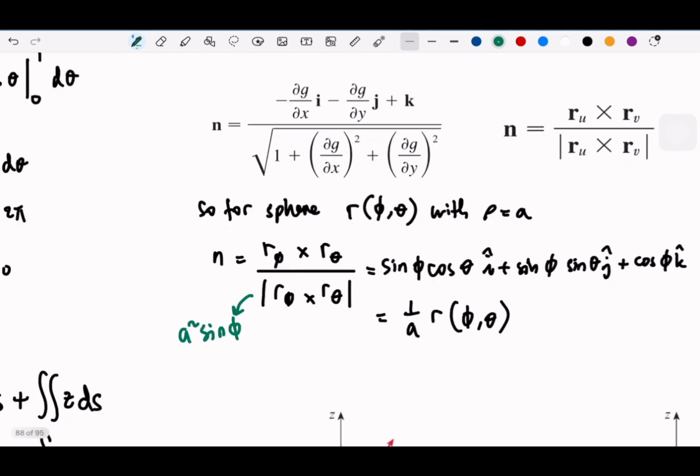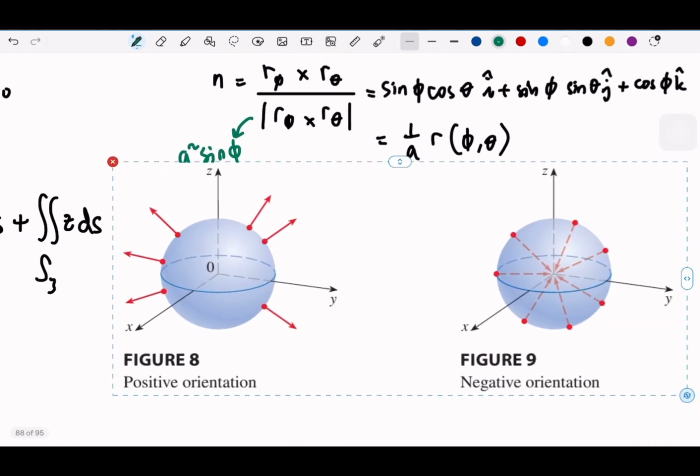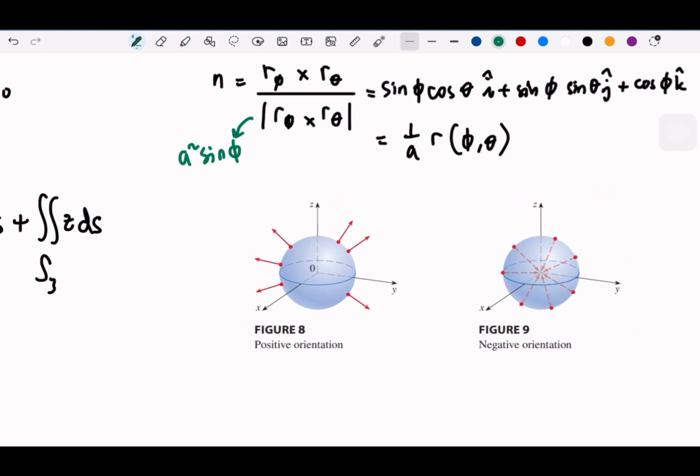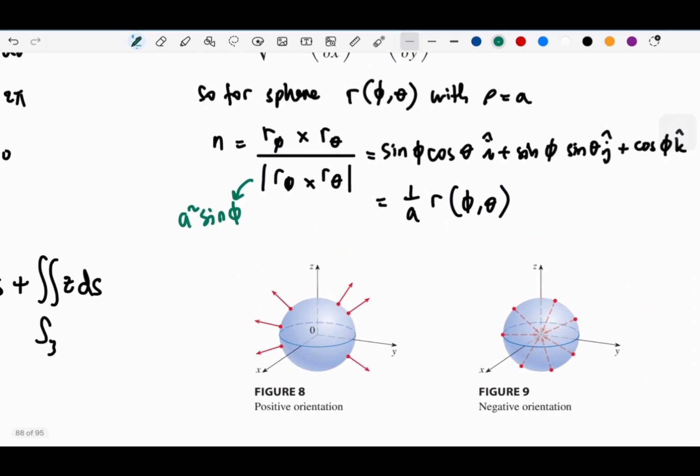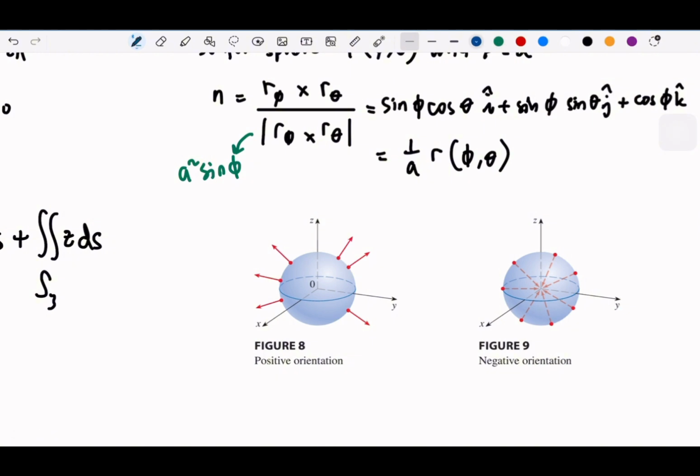Just a really quick example. The one that has outward orientation, we call the positive orientation. The one that has the inward orientation, we call negative. So for a closed surface, we can make up these definitions, or terms.